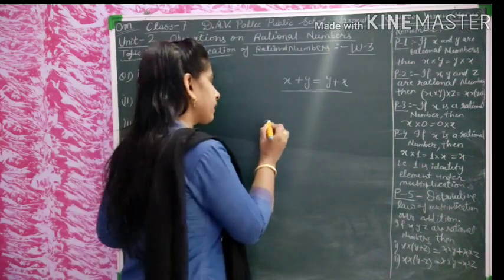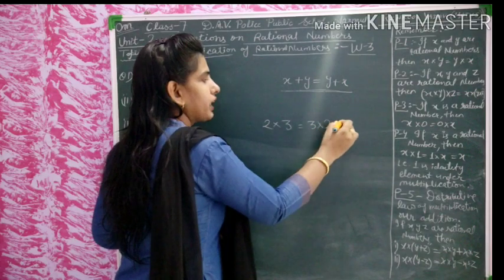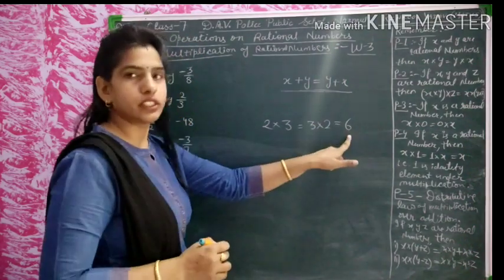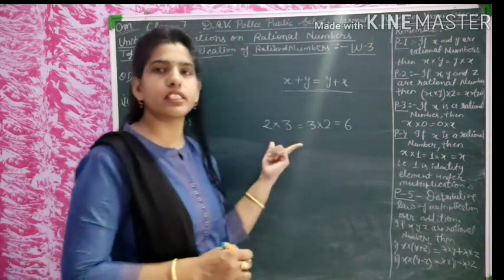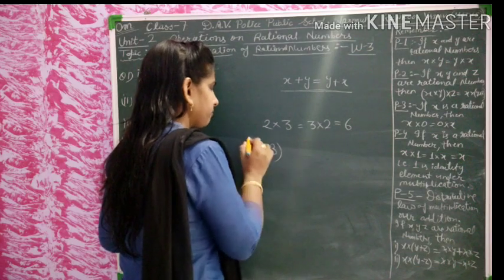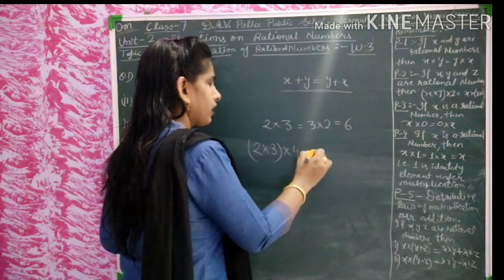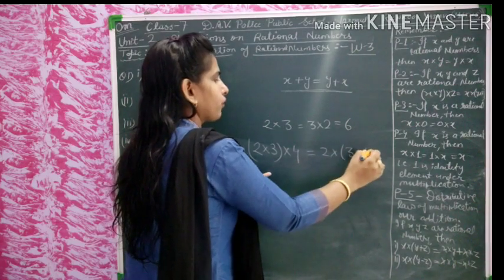Because if you multiply 2 into 3 or you multiply 3 into 2, it will always remain equal to 6. 2 3s are 6 and 3 2s are 6. It remains the same always. And the same doing like this, 2 into 3 into 4, and that equals 2 into 3 into 4.